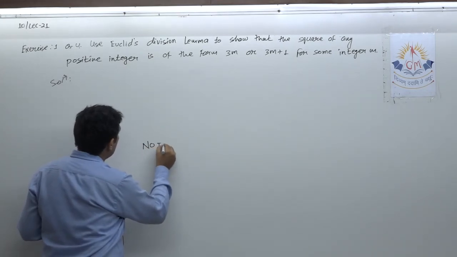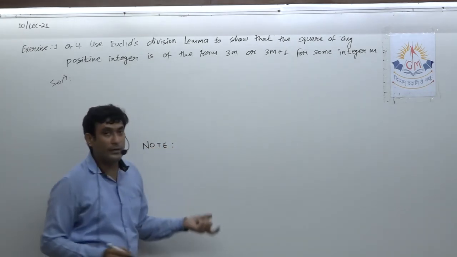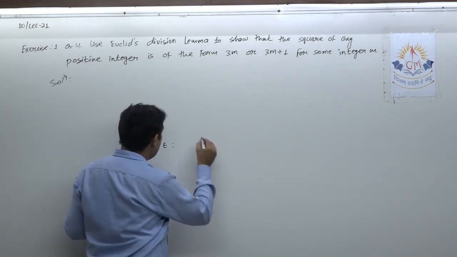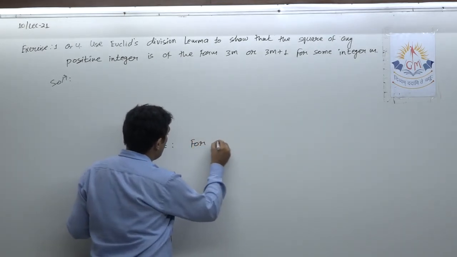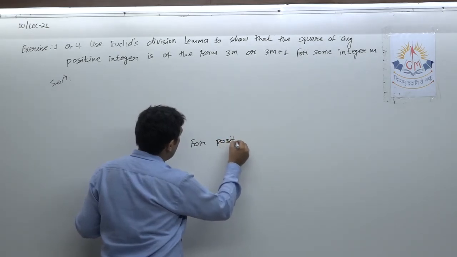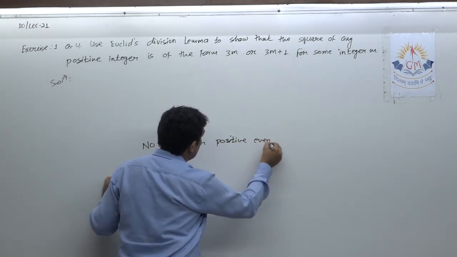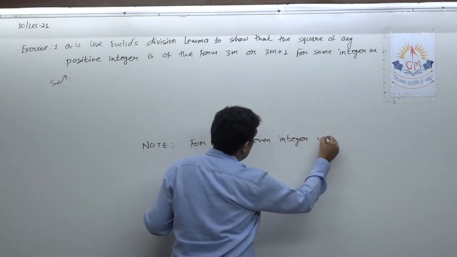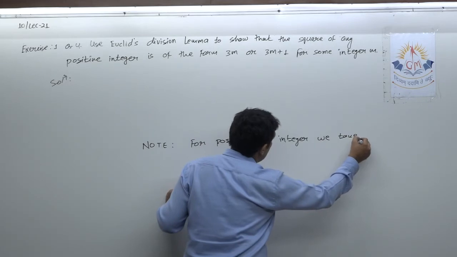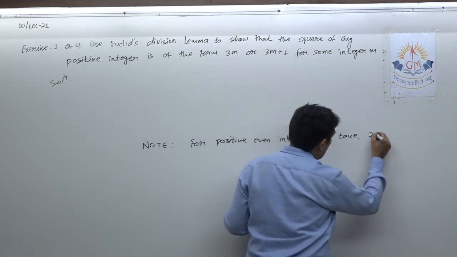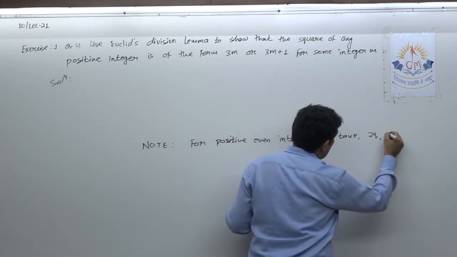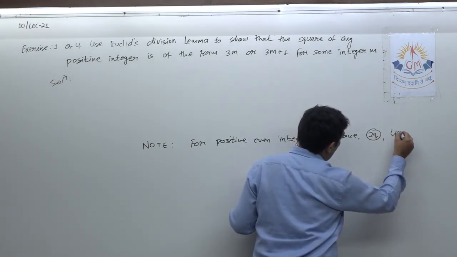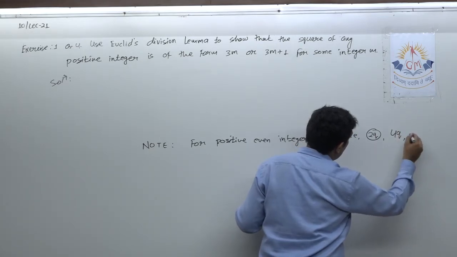Whenever you have to take any positive even integer, we take 2q, or in the series we can say 4q and 4q plus 2.